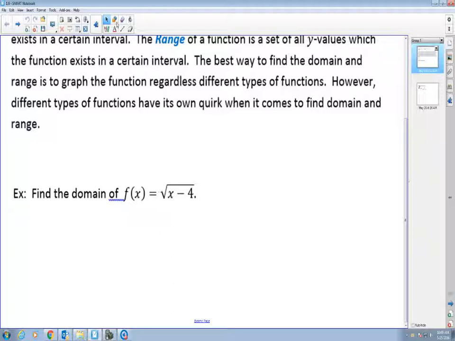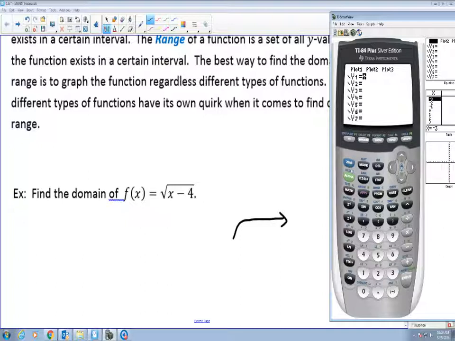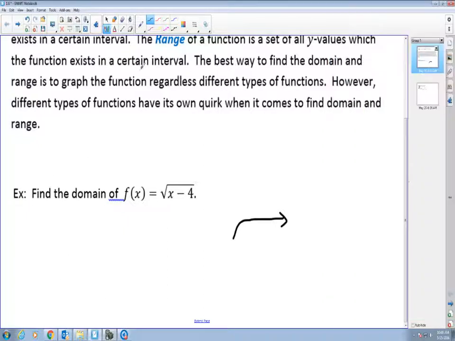This is a radical function, and a radical function normally looks like this, but we can graph it and check. So, square root of x minus 4, and we graph it, and the graph looks like that. Let me capture it.